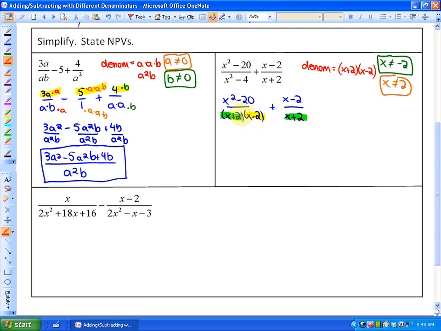Our first expression already has an x minus 2 factor, so we already have a common denominator of x plus 2, x minus 2 in our first expression, which means that all we're going to need to do is, in our second expression, introduce another factor of x minus 2 to give us a common denominator.